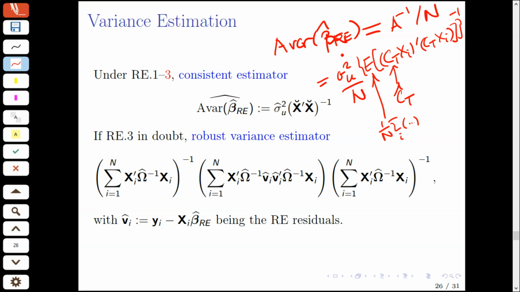Of course, this estimator of the asymptotic variance is only a consistent estimator under all three random effects assumptions.